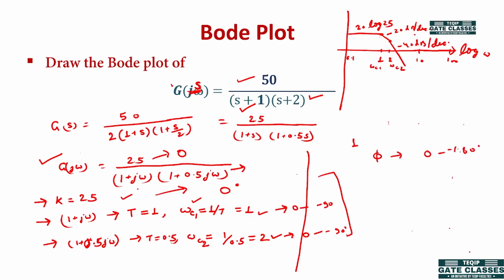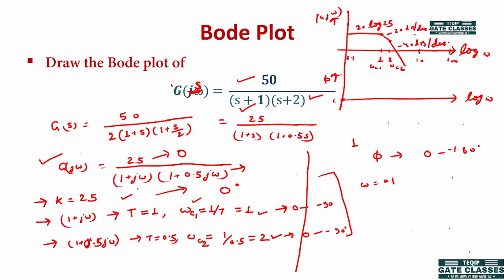And how do we get that? We have different values of omega. So for omega equal to 0.1, we can calculate the phase angle and we can draw that point on this phase plot. So this is phi, this is G(j omega).